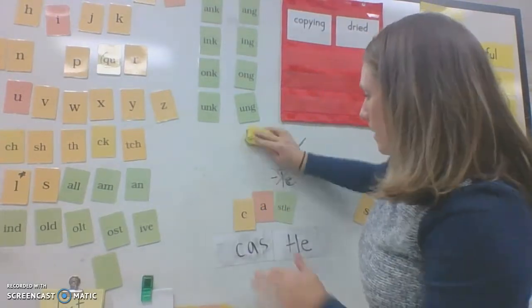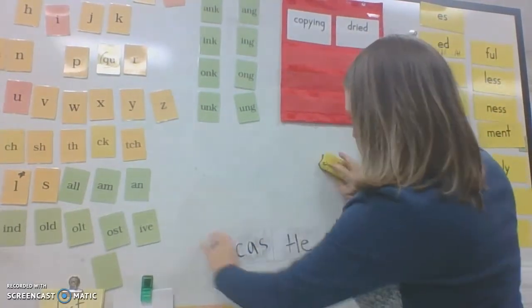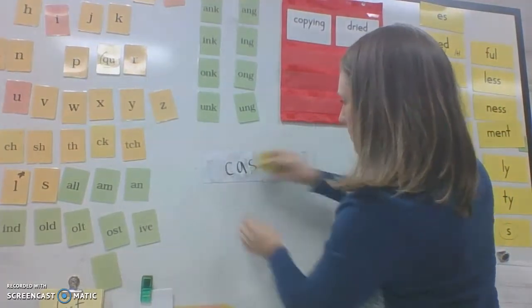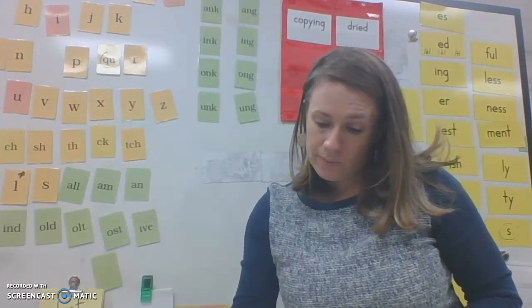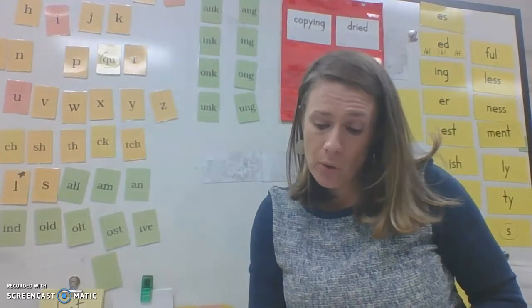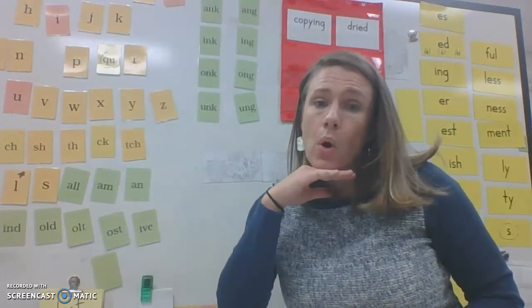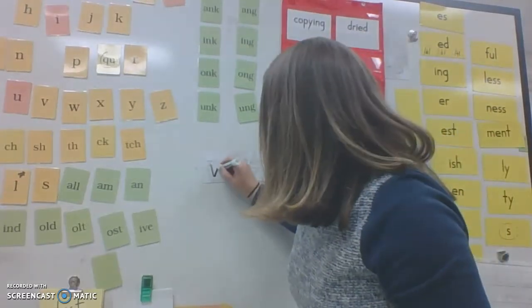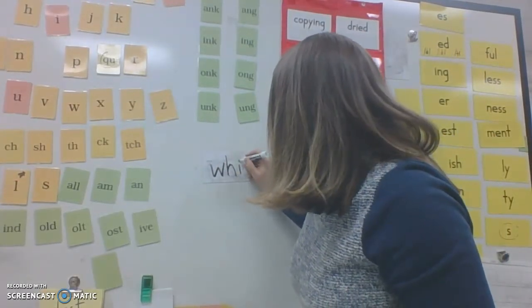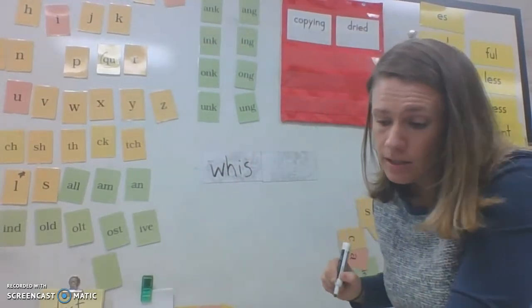Let me show you another one. Here we go. Let me erase castle and bring up my syllable frames. And let's do the word whistle. What would the first syllable be in whistle? Whis, whis. Okay, so with is a WH. What is?